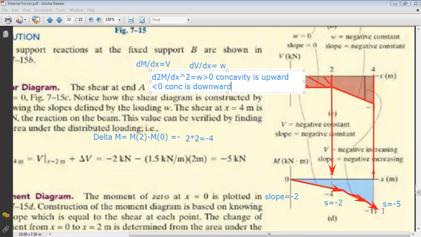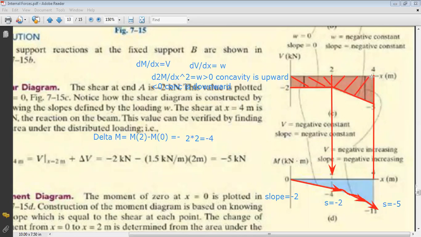Okay. And now, still, we should find one thing to finish. We should find at which point the moment diagram will end. So what is the end value of the moment? To find the end value of the moment, I say that the moment variation between 2 and 4 is equal to the area of this part.